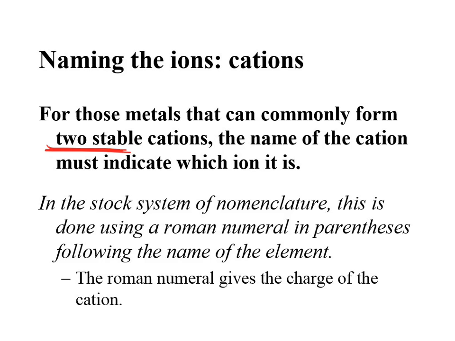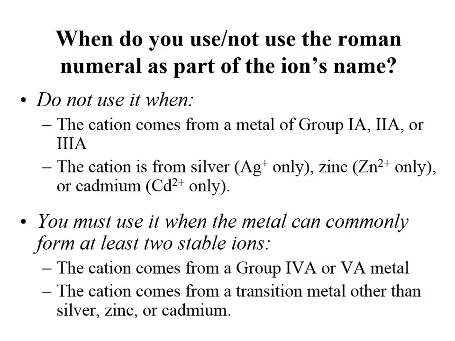Then you have to use Roman numerals when you name it, not in the formula. So don't use Roman numerals when it's a 1A, 2A, 3A metal, or zinc, cadmium, or silver. Zinc has a +2 charge, and cadmium +2, and silver is +1. Otherwise you have to use Roman numerals.